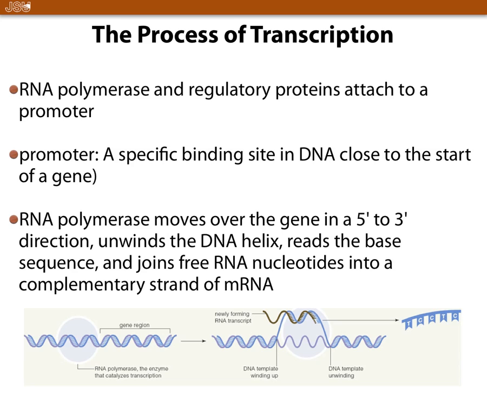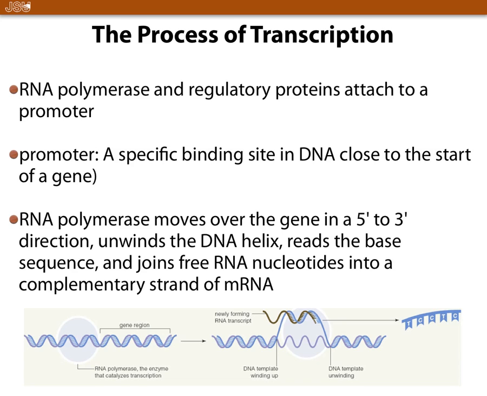Does that make sense? So we just imagine a gene. Okay, we got a gene, a stretch of DNA. Kind of in that picture, see where it says gene region? In that picture below here? And we want to make a copy of that gene region in the form of RNA. RNA polymerase is the molecule we need.